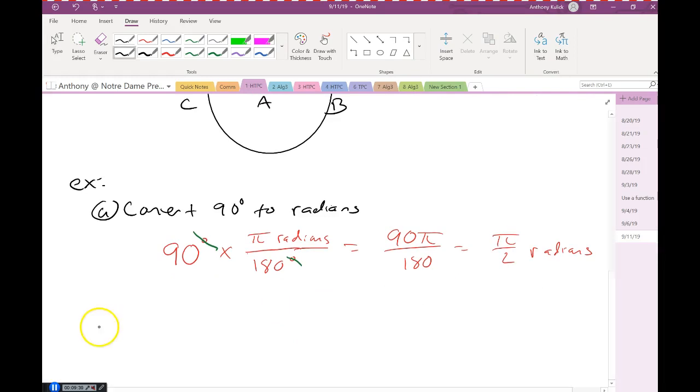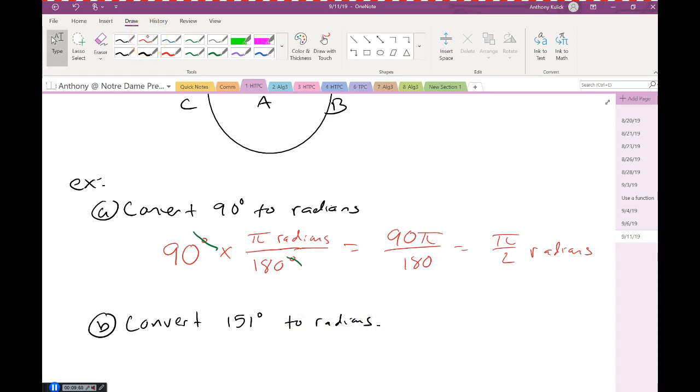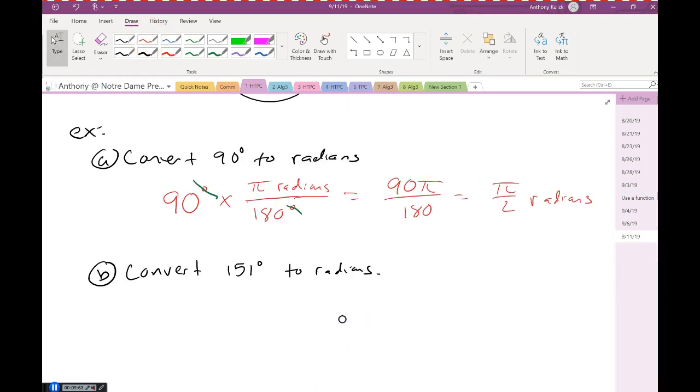You notice here when I wrote my radians, I wrote them in terms of pi. That's usually quite desirable, but it's not necessary. So for example, maybe I want to convert 151 degrees to radians. Is there really any difference between this problem and the previous one? No. Not initially with our setup.